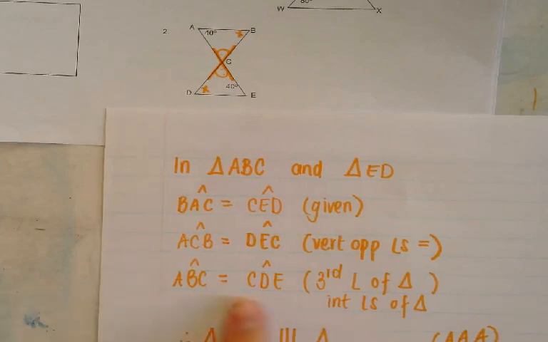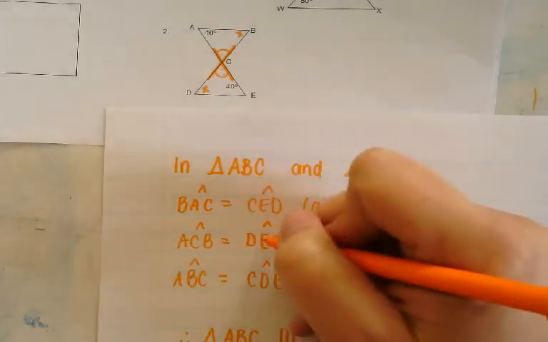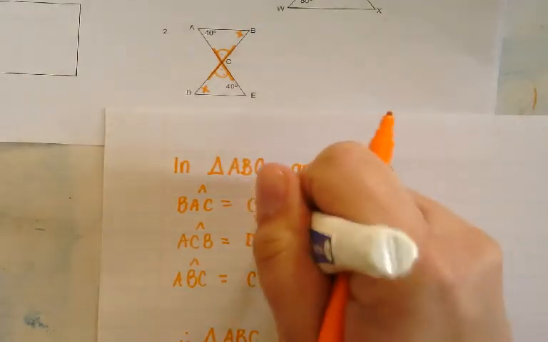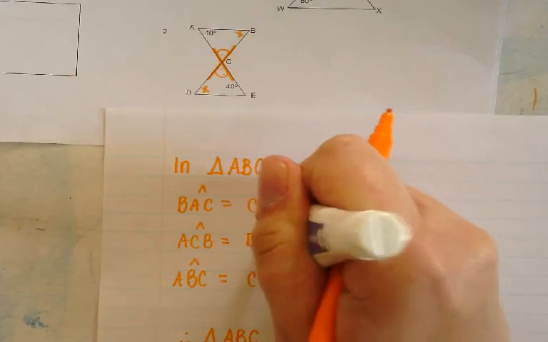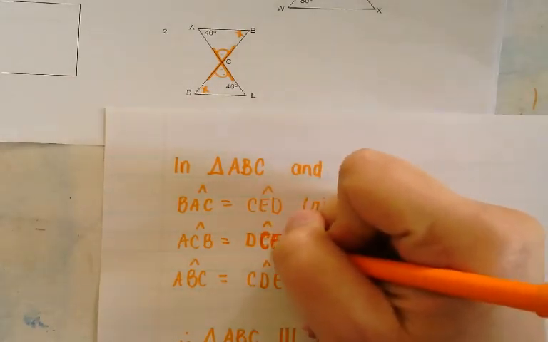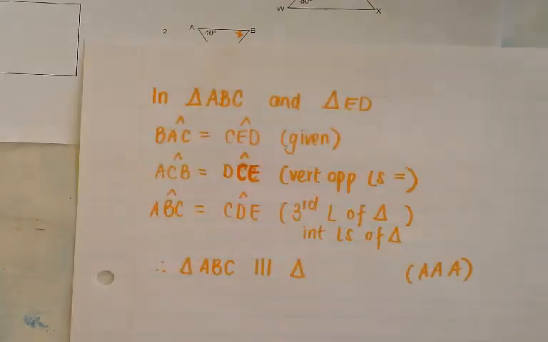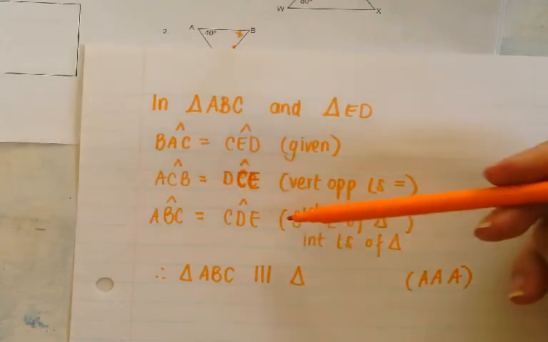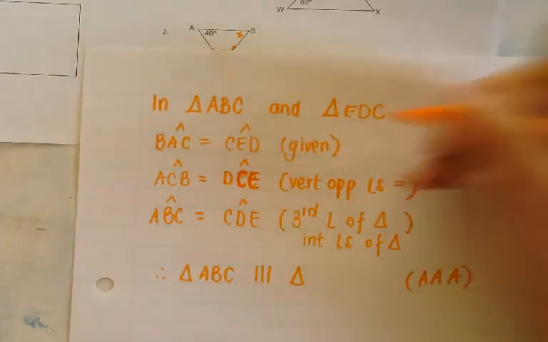A, C, B, and D, C, E. Sorry, C and E. Not packing up yet. So then it would be A and E, B and D, C and C.